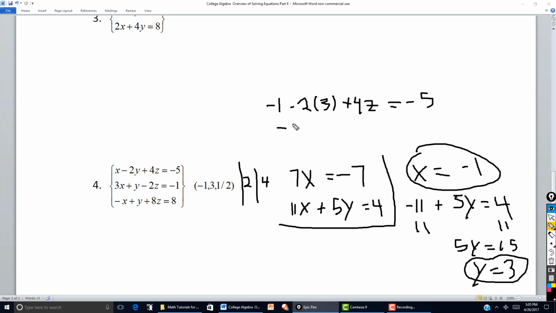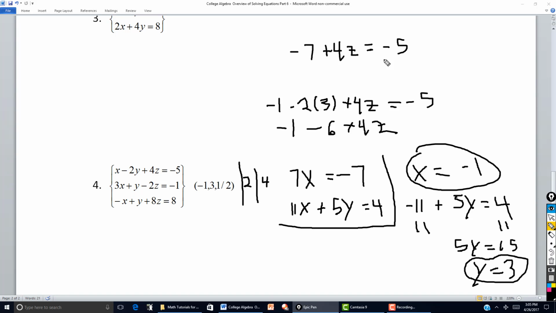Okay, so I get negative 1 minus 2 times 3 is minus 6 plus 4z. Okay, so minus 1 and minus 6, that's minus 7 plus 4z is equal to negative 5.